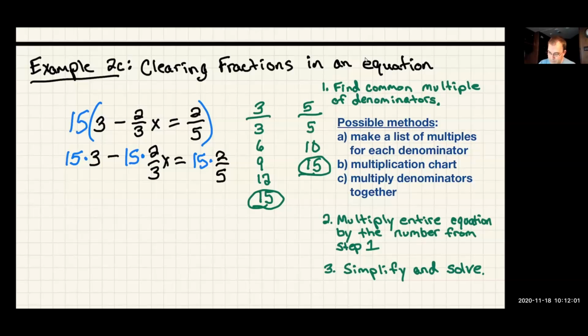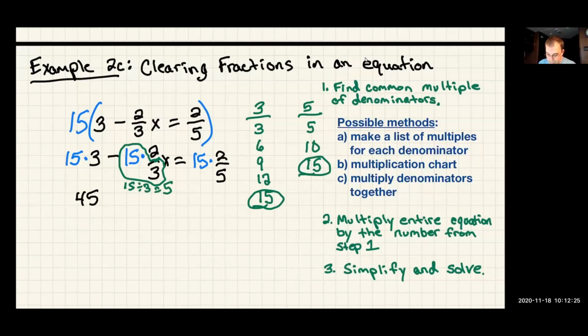The 15 times 3 will leave me with 45. When I go to look at this, remember the 2/3, I can't do 2 divided by 3 and get an even number, but I can do that with 15 divided by 3. And when I do that, 15 divided by 3 will leave me with a 5.